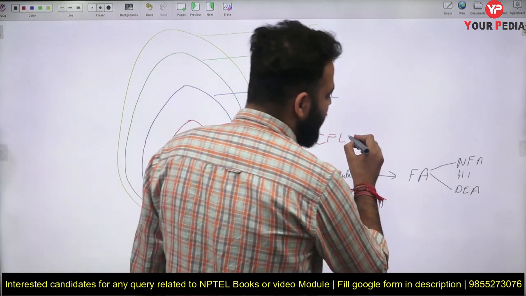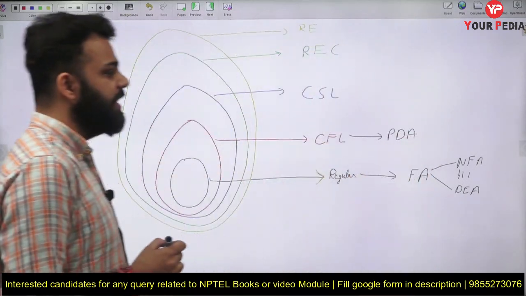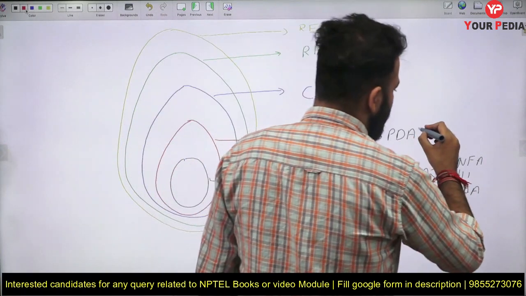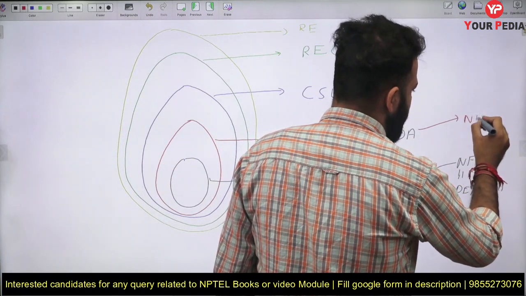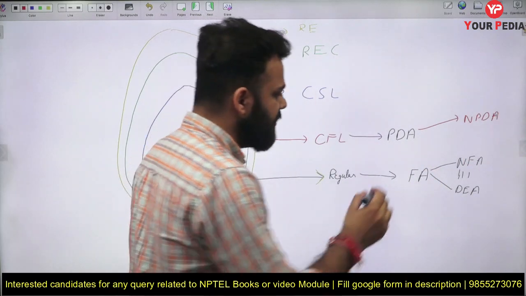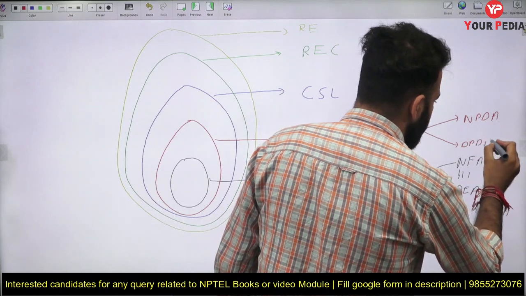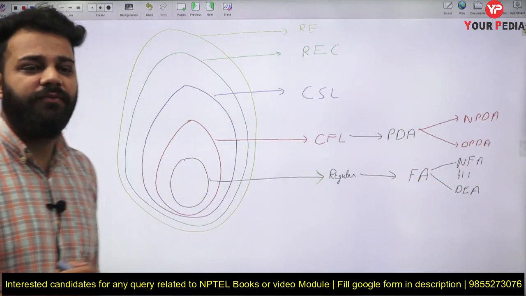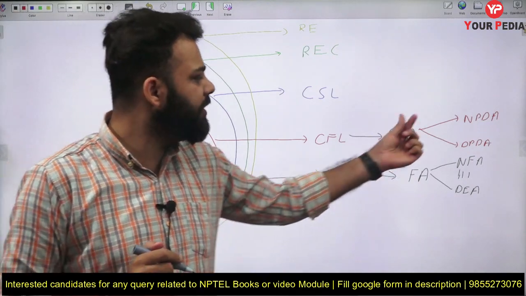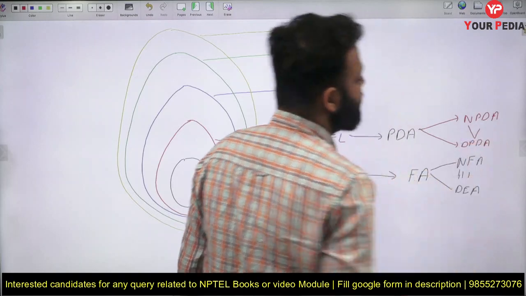Similarly, for CFL, we have pushdown automata, also called PDA. Now PDA is also of two types: NPDA, non-deterministic pushdown automata, and DPDA, deterministic pushdown automata. In this case, NPDA has greater power than DPDA.